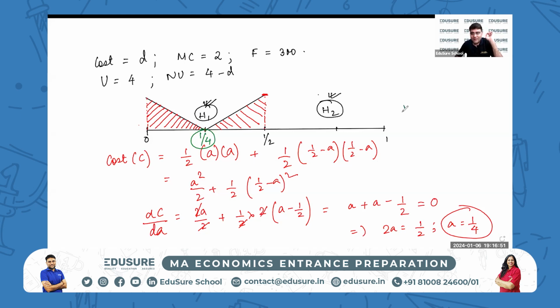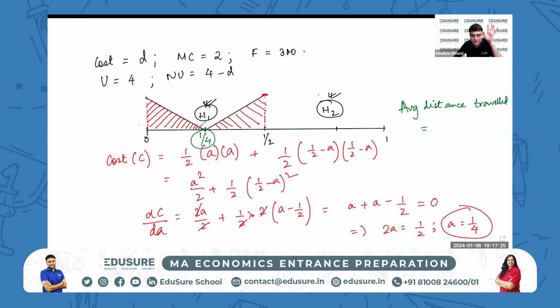So the average distance traveled by the individual will be, the first person will have to travel the entire 1 by 4. The second person will have to travel less. And the last person will be traveling nothing. The person located at 1 by 4 will have a travel cost of 0.